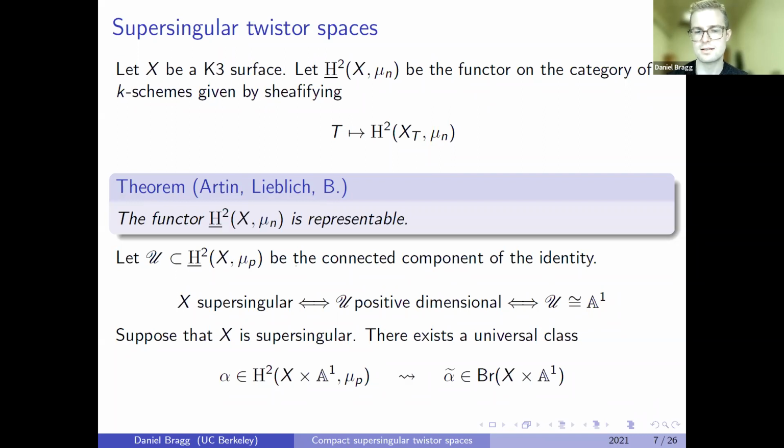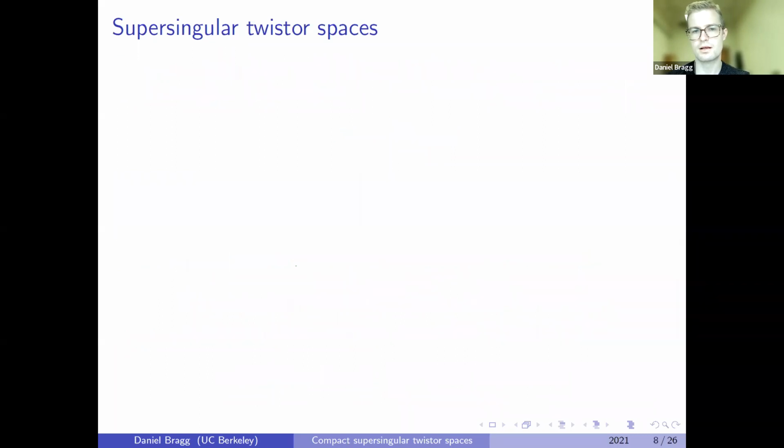And this class is universal, meaning basically if you restrict it to X × {t} for some t in A^1, you get some class on X, and it's the class corresponding to that point in A^1. And in particular, this α̃ is non-isotrivial, so it's not pulled back from a class on X. The existence of such a thing is very special to the supersingular case. Okay, but once you have this class in hand, here's a construction that you can do.